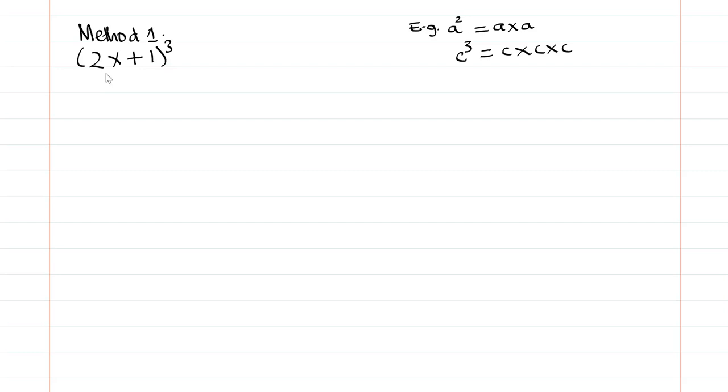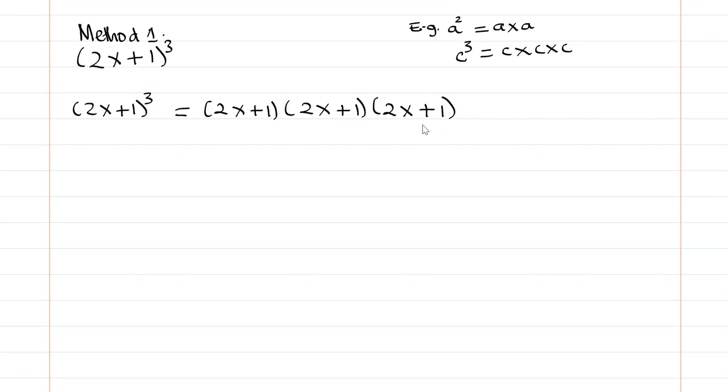So we need to multiply 2x + 1 by itself 3 times. So (2x + 1)^3 is the same as (2x + 1) times (2x + 1), and again times itself (2x + 1). That is the implication of what we are doing.